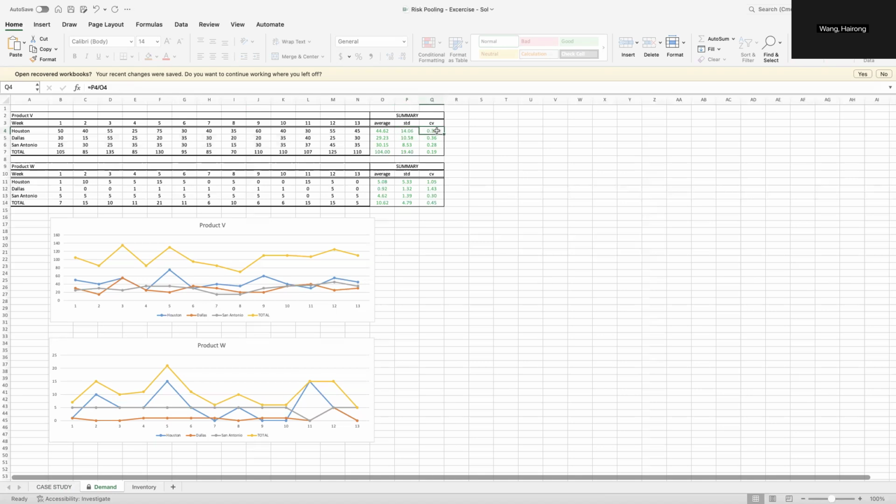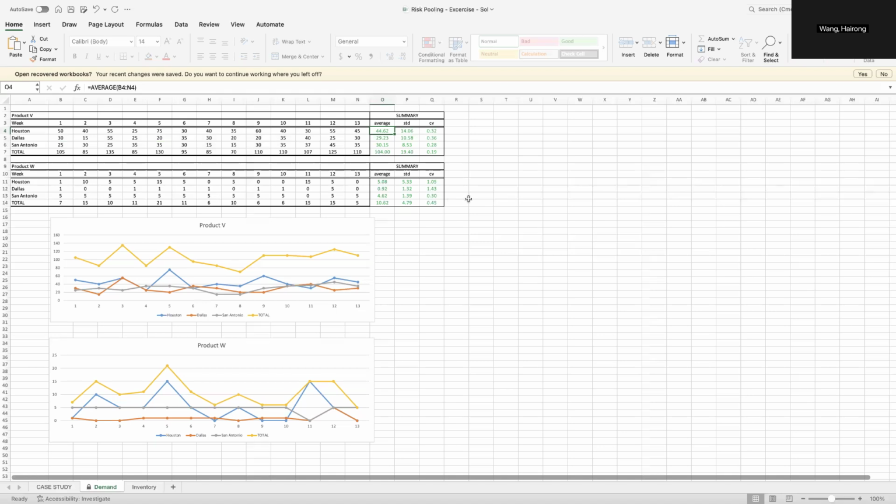And for the coefficient of variability, we use the standard deviation of demand divided by the average demand, right? Similarly to product V, we will do the same calculation for product W to get the average demand, standard deviation of demand, and the coefficient of variability for each of the three locations.